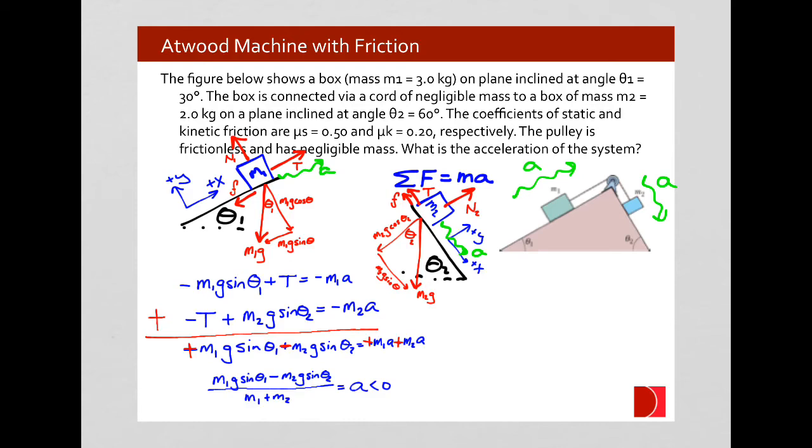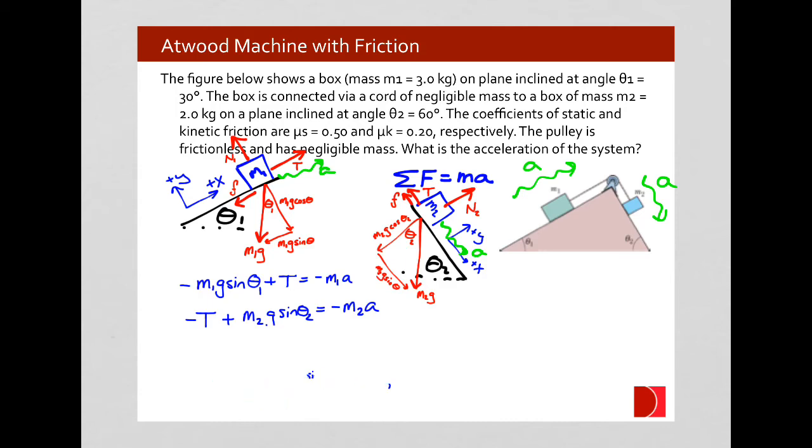Now, what this means for us specifically is we've done a lot of work. We don't want to throw all of that out, and we don't have to throw all of that out. We'll erase the end part of what we have, and basically everything that we have here is still correct. We've changed the direction of the acceleration. We have not changed the direction of any of the forces.